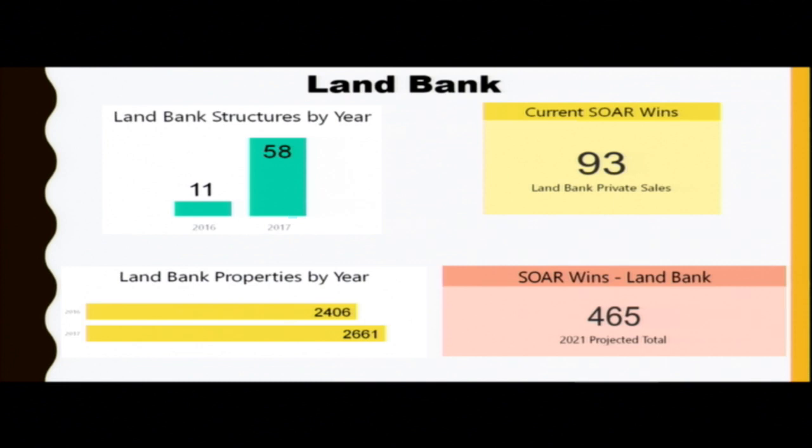It counts as a win because we are now able to control the destiny of that structure, where when it was sitting in purgatory, somewhere perhaps between tax sale and whatever might never happen to it, it was sitting out there in limbo. So now we at least have the ability to control destiny.